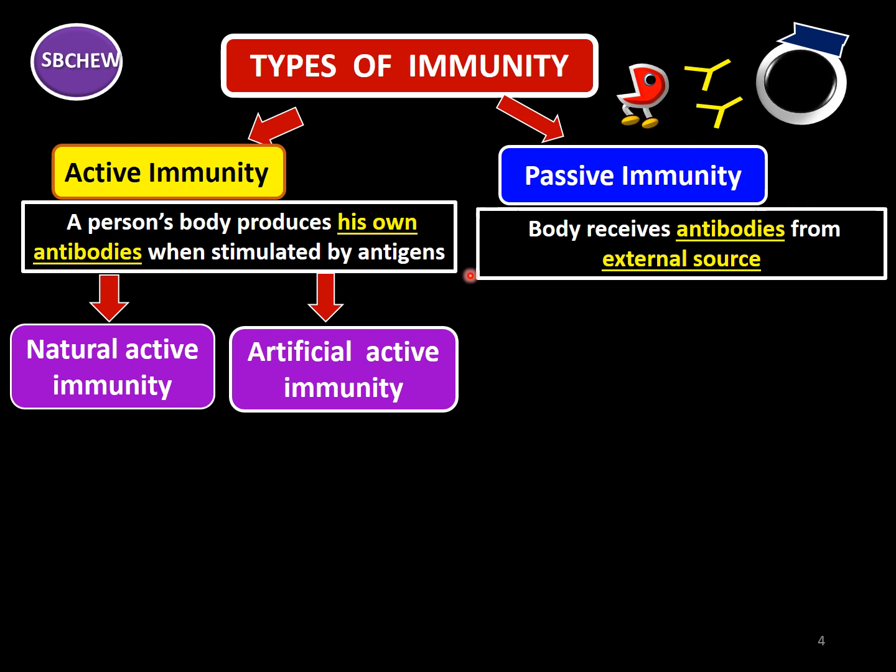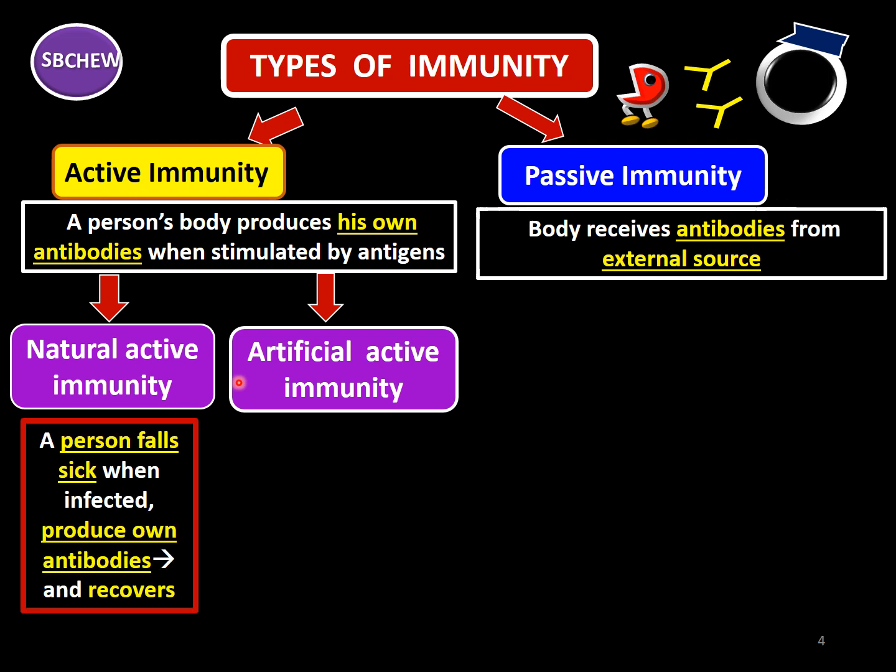So active immunity can be divided into natural active immunity and artificial active immunity. For natural active immunity, it's obtained when a person falls sick after being infected, like fall sick from chickenpox or measles or even influenza. Then he starts to produce his own antibodies because the lymphocytes will be stimulated to produce antibodies.